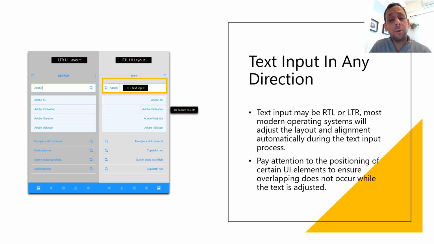Most modern operating systems have that built in, so developers don't have to do much. What you do want to pay attention to is the positioning of certain UI elements that are embedded within those input fields, so that in the case where the text direction is adjusted, you don't have any overlapping that occurs when the cursor is on either corner of the text input field.